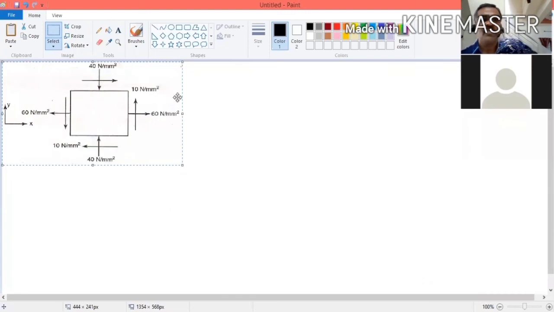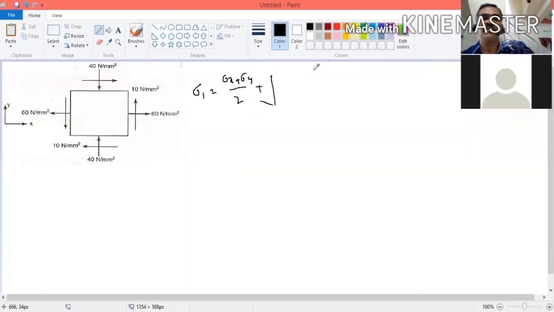Same way, to find sigma 1, the equation is sigma x plus sigma y by 2 plus root of sigma x minus sigma y by 2 the whole square plus tau square, right? What is sigma x?